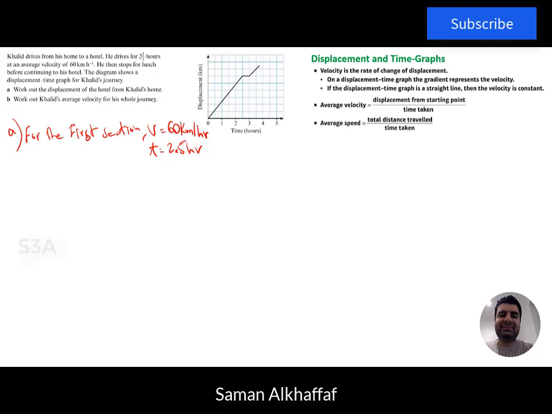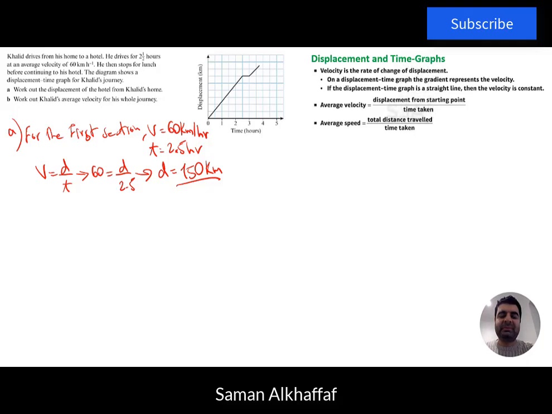Now to find the displacement, velocity is displacement over time. We have the velocity as 60 and the time as 2.5, so that will give us the displacement to be 150 kilometers.